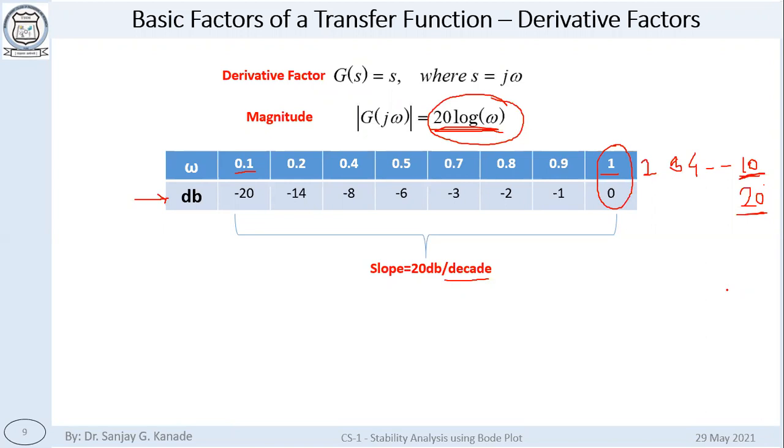And from an MCQ point of view, most of the questions will be conceptual like this. There is a derivative factor in a transfer function. What is its contribution in the magnitude plot? The question may be like this.